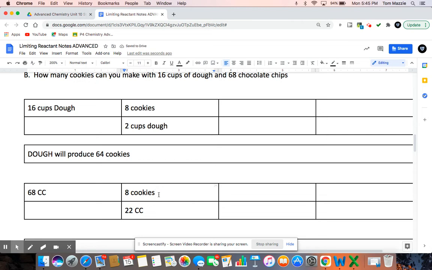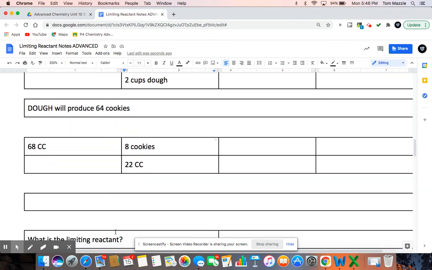So 68 times 8 divided by 22 gives us, so the chocolate chips will produce, looks like about 24 cookies.